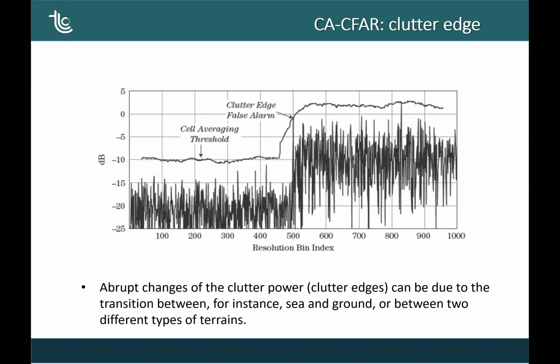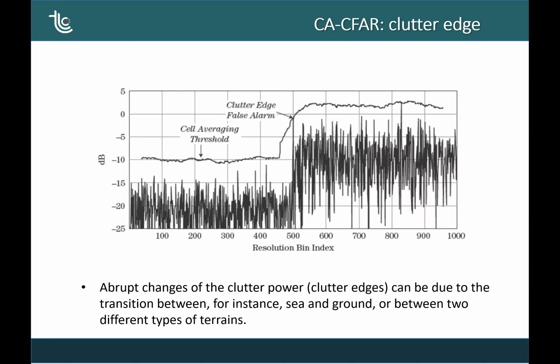Here we are in the transition, so we still have low power of the clutter, of the noise, but the threshold is influenced by the high level in the second area. So here, if you have a weak target, you don't see it.